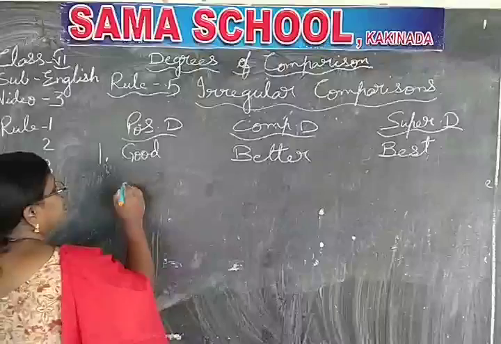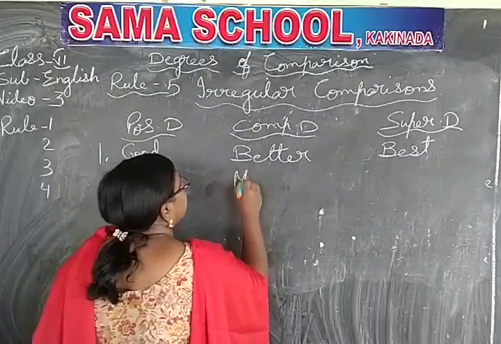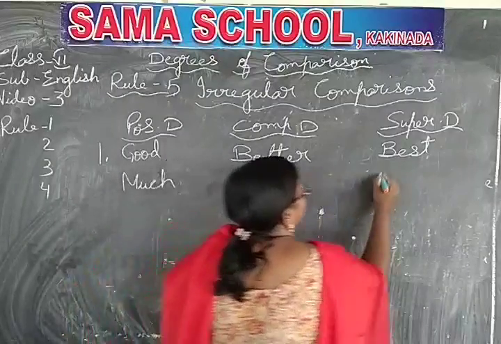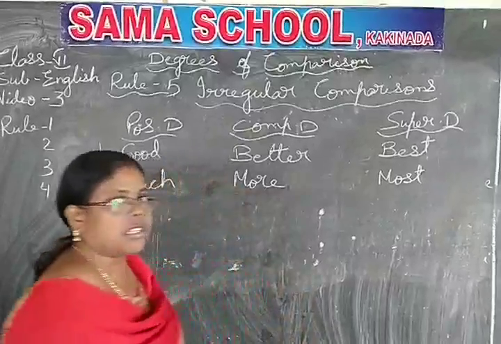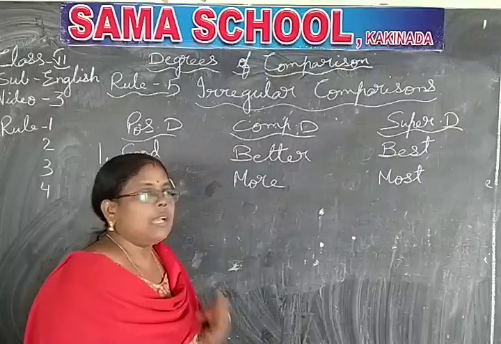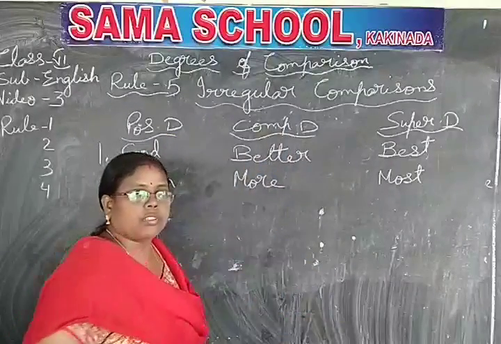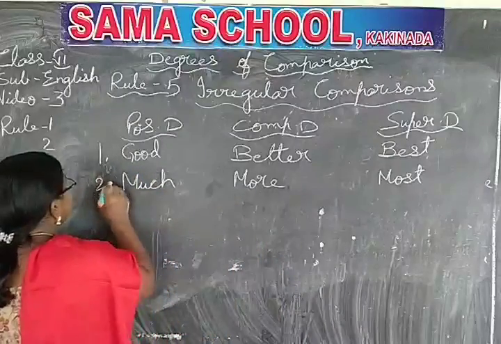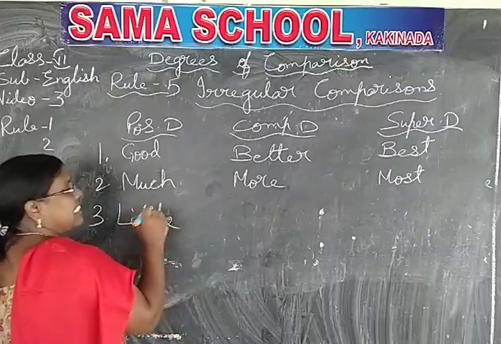Okay, for much, we have much, more, most. Much, mucher, muchest, we can't write like that. Next one, little. Little, littler, littlest?